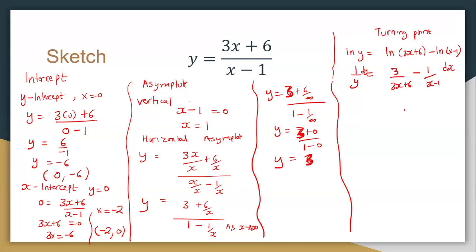We put those things under a common denominator. So we have 3x plus 6 multiplied by x minus 1, and at the top we have 3 multiplying x minus 1 minus 3x plus 6, dx.